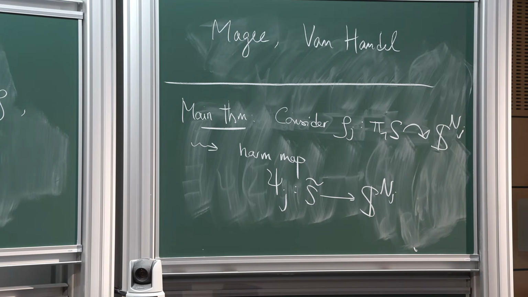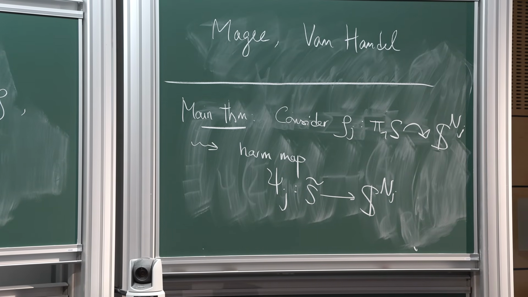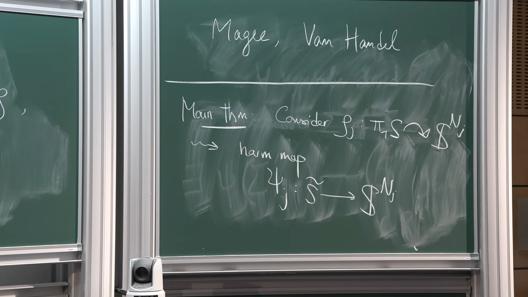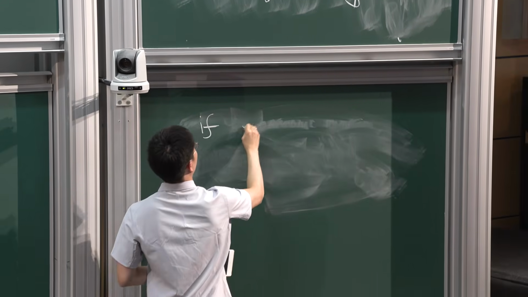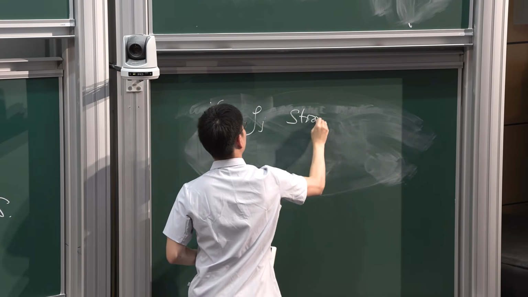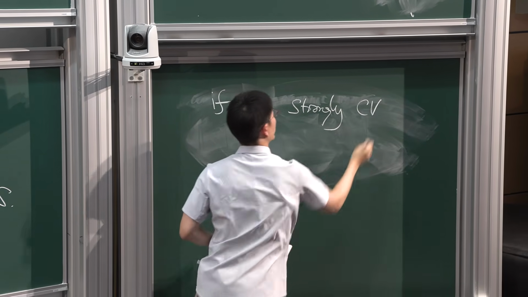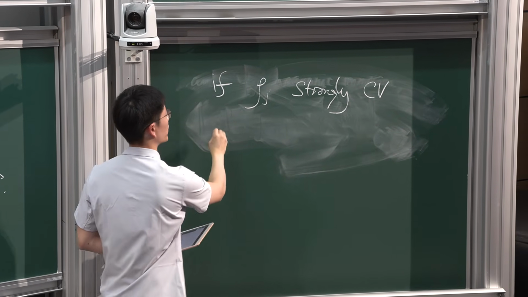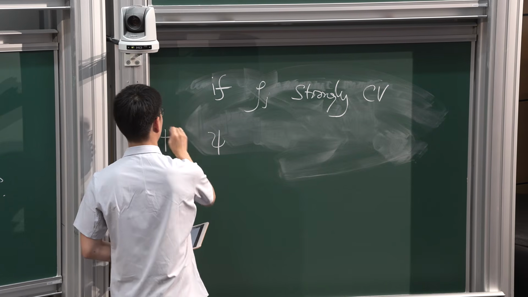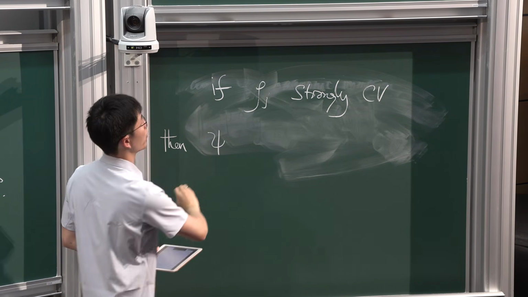Maybe I shouldn't erase that because it's going to be this. The statement is that if this sequence of isometric actions strongly converges, then you know something about the geometry of those harmonic maps.